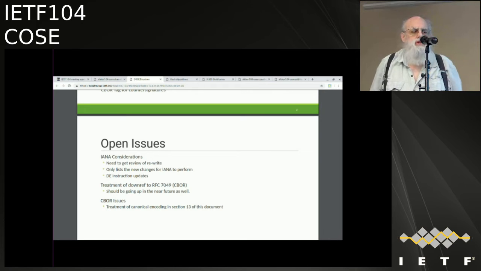And the other thing too is when we point back into the CBOR document, the BIS document has kept the 7049 method in the document. Yes. And we can still just refer to that method, in terms of that tells you how to do minimal encoding. Yes, but that would be confusing, because it would send the message that you have to have the old full 7049 canonicalization to do COSE, and that's not true.